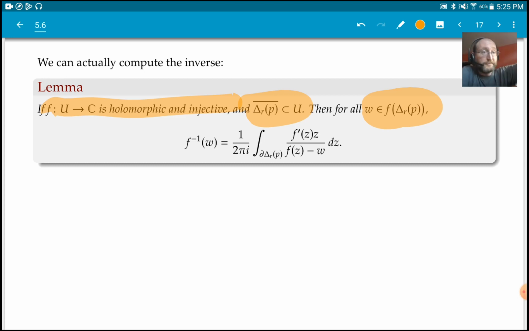Then for those w, we actually have a formula for f inverse of w. It has this integral formula. We integrate this expression over the boundary of that disk. Well, that's actually kind of amazing.